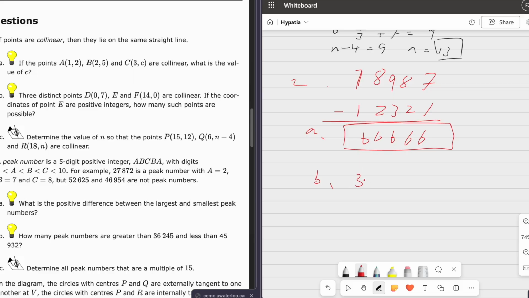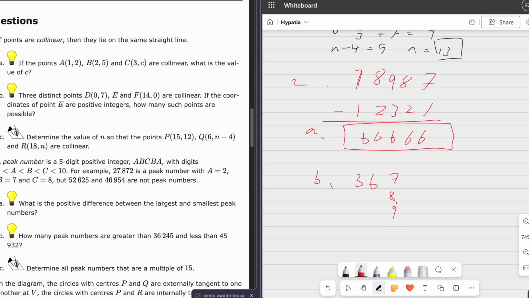So this means all the numbers that are greater than it should have the same or bigger first two digits. So start with 36. Since it starts with 36, if it wants to be a peak number, the middle digit C should be bigger than 6. So the only possibilities here are 7, 8, and 9.